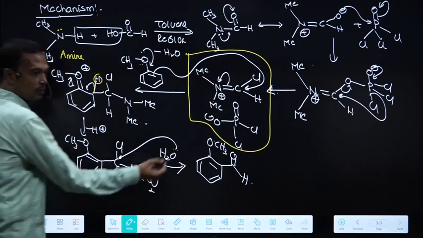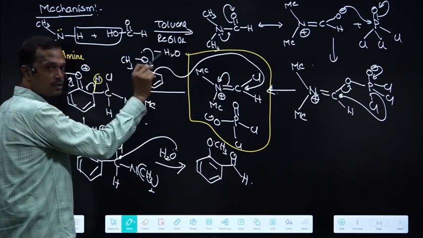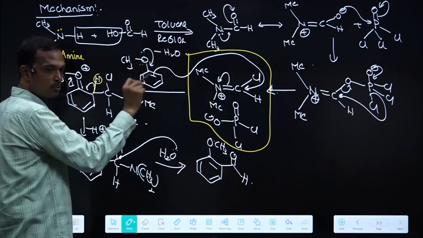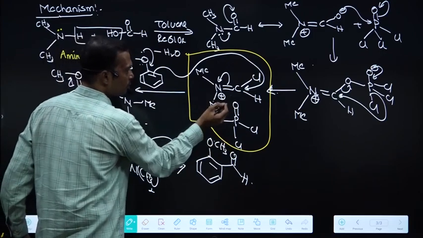This you need to remember. While you are writing short notes, the Vilsmeier-Haack reaction is a formylation reaction. The reagent is DMF and POCl3. Then the intermediate is this one. These two you write down at one place. At least you need to remember this intermediate.